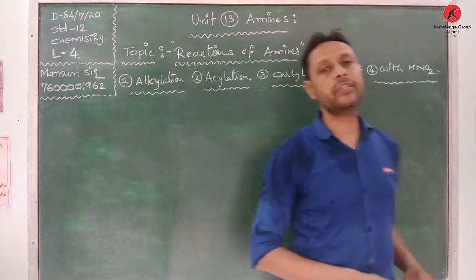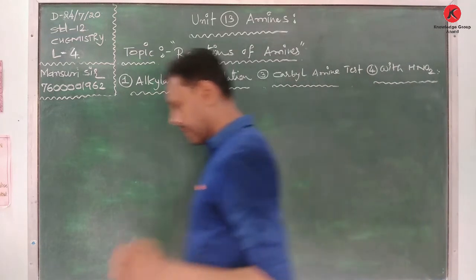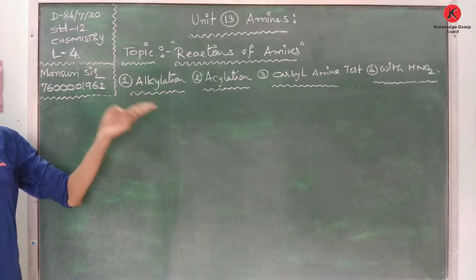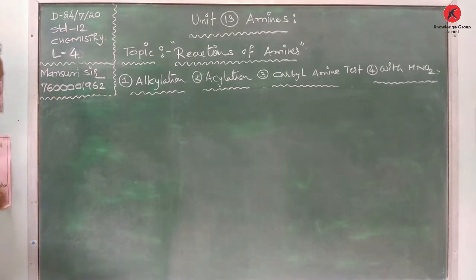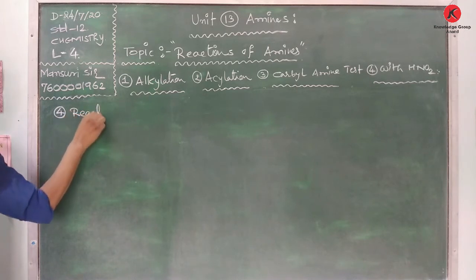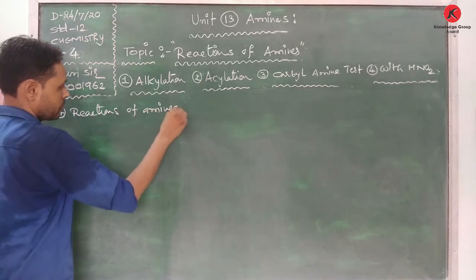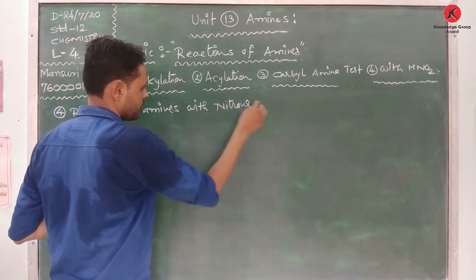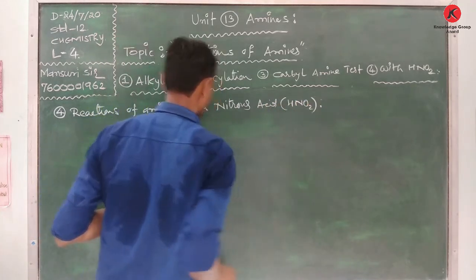Students, now we are moving to the fourth reaction, reaction with nitrous acid. We have done alkylation, acylation, the carbylamine reaction, and thereafter the fourth reaction, with nitrous acid, HNO2.